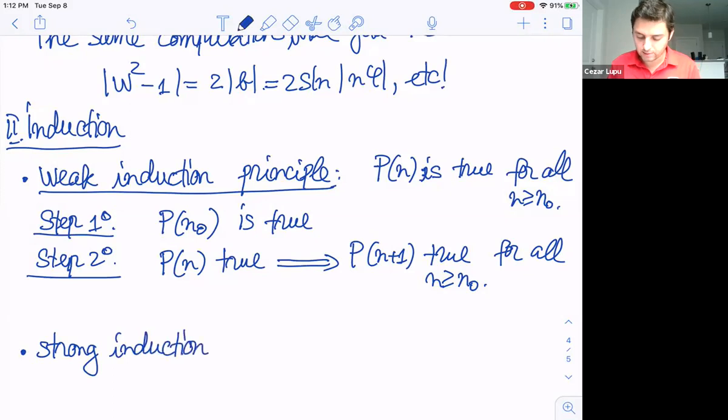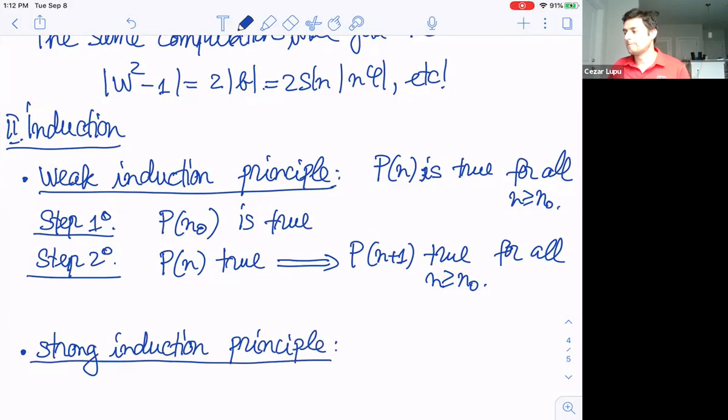But also there is a strong induction principle, and especially we will use this when we're trying to prove something about sequences. I will use this induction when I talk about sequences, especially when I try to prove something about a sequence being positive, or maybe I want to prove something about a sequence being increasing, decreasing, and so on.